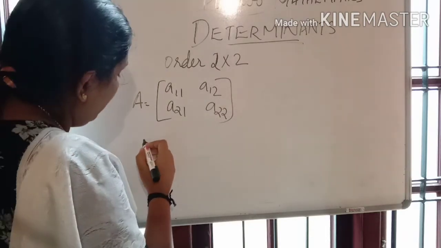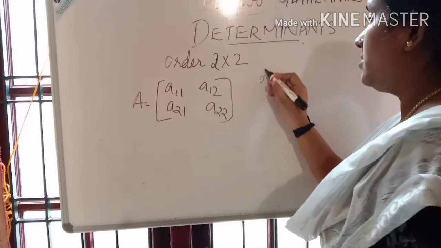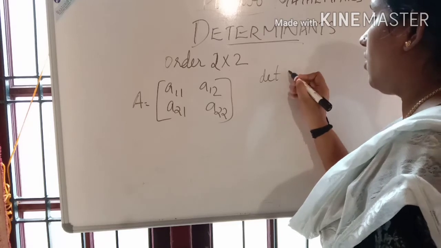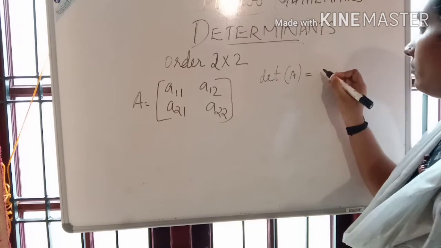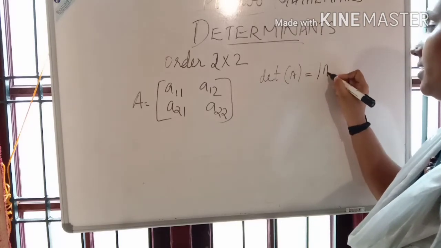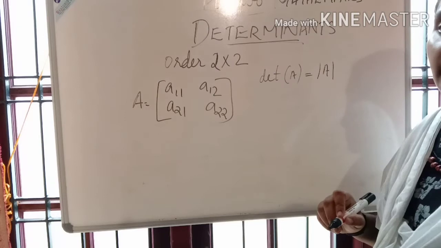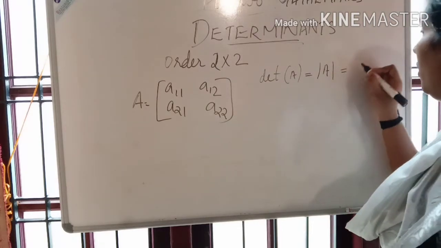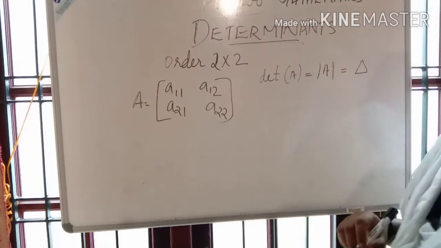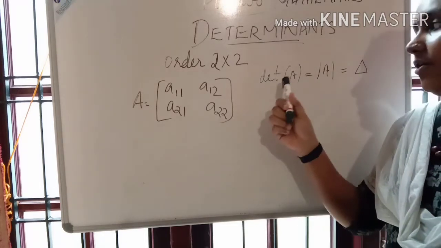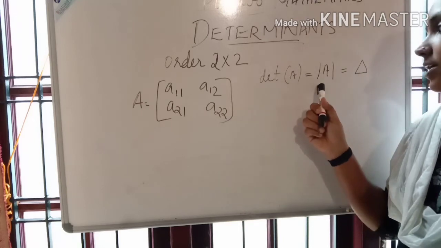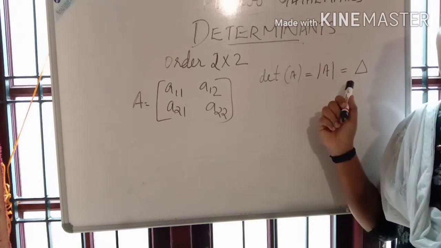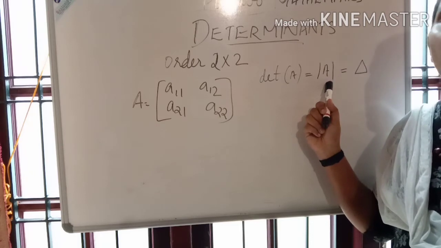We can write the determinant of A like this, or like this, or as delta. This is not read as modulus of A.